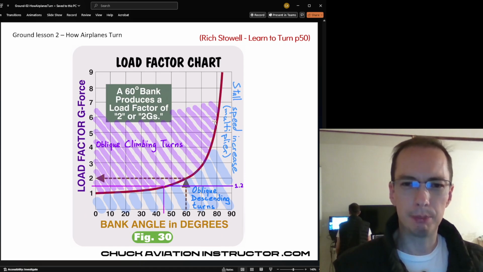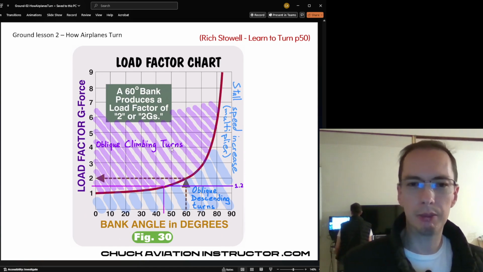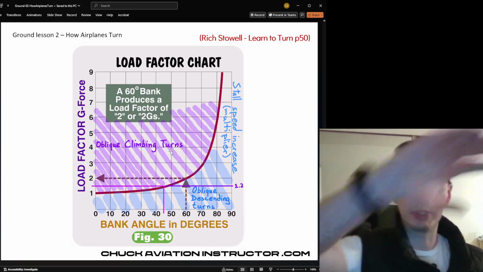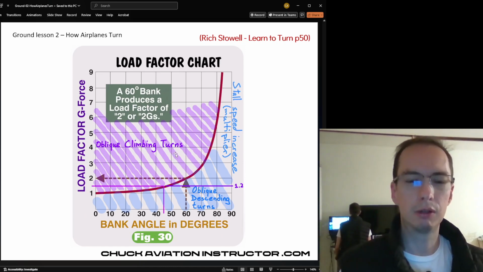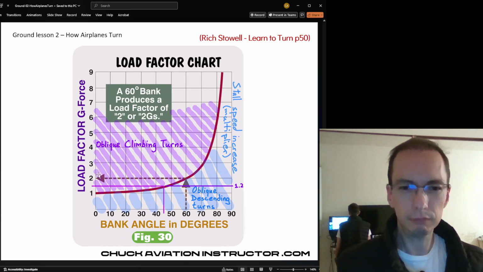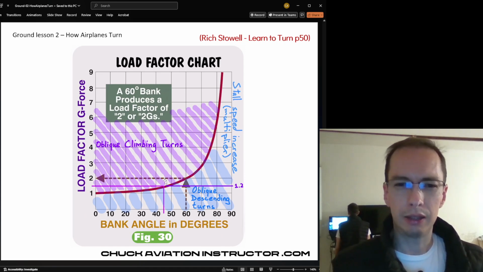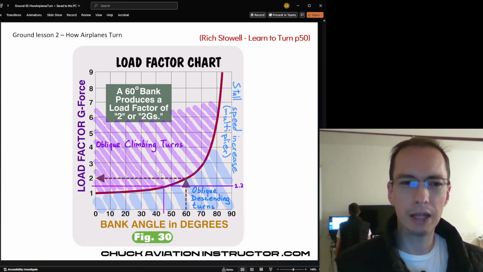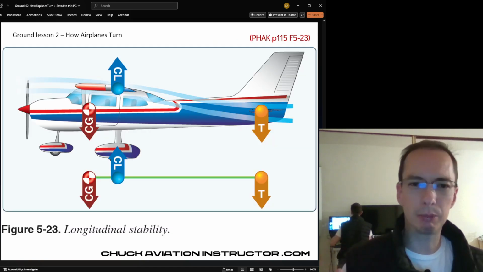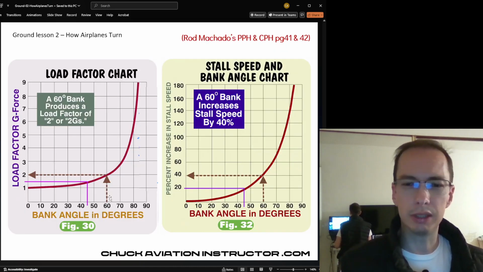And whatever's above the red curve is when you climb during your turn, like when you're climbing from upwind to crosswind in the traffic pattern, or sometimes even from crosswind to downwind if you didn't finish your climb in crosswind. And that shows how your load factor, the amount of elevator back pressure, is even higher than these charts normally tell you.